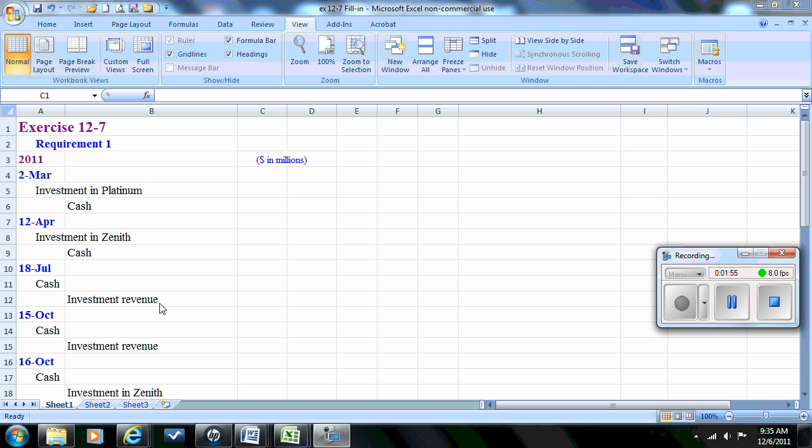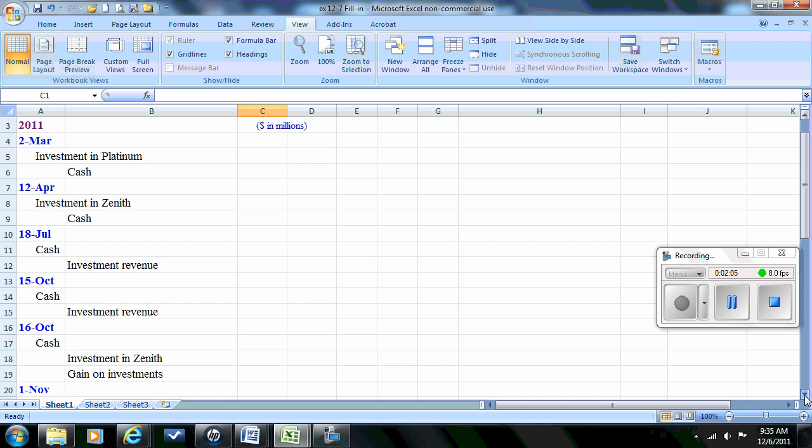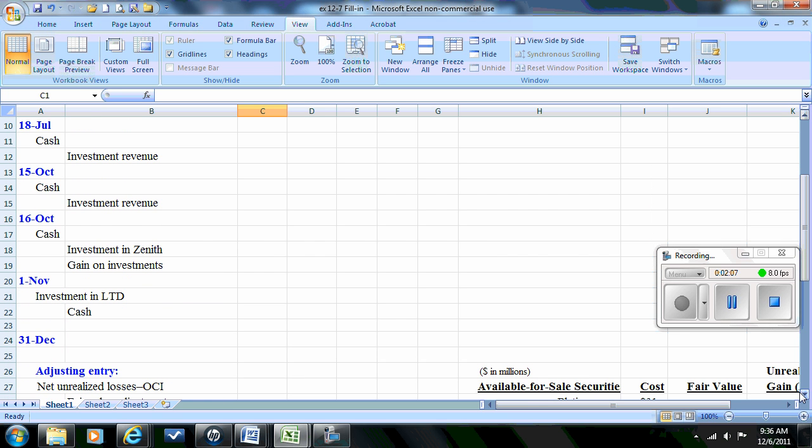We will have a revenue account that relates to the investment revenue, dividends, and interest. When we sell securities, we can have gains or losses on those investments. These will be realized gains and losses that will affect the income statement.